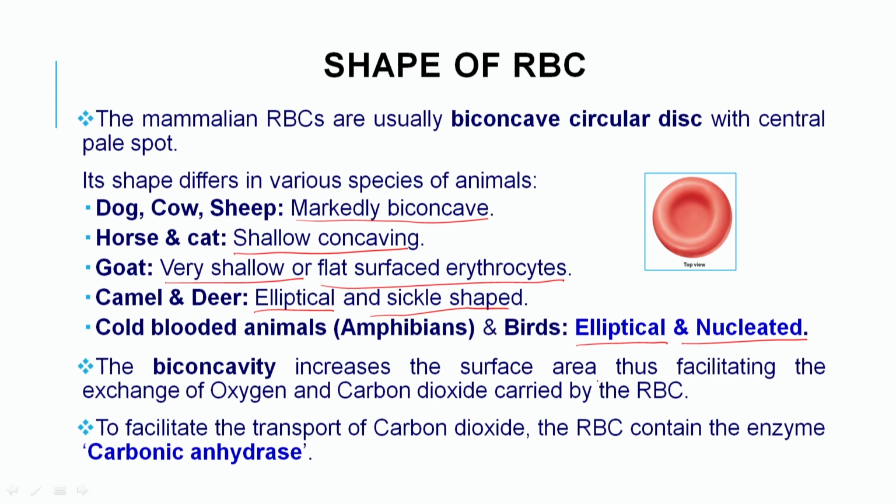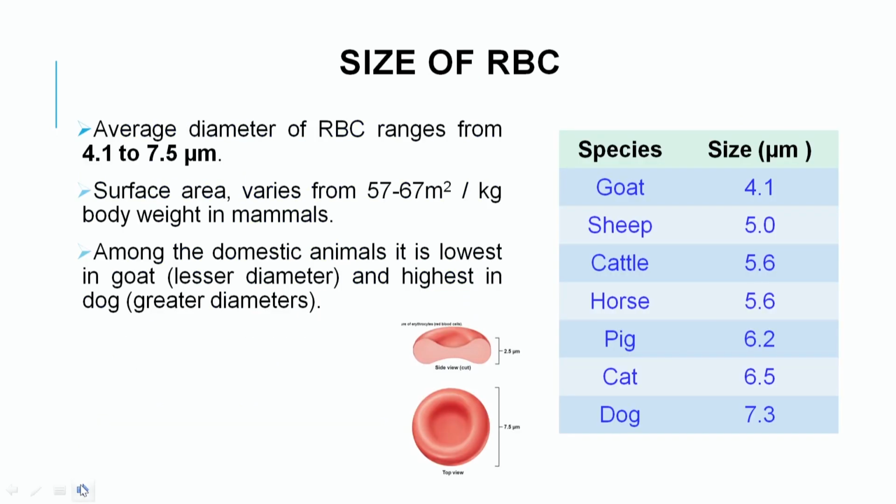Biconcavity increases the surface area, thus facilitating the exchange of the oxygen and carbon dioxide carried by the RBC. To facilitate the transport of carbon dioxide, the RBC contains an enzyme called carbonic anhydrase, which helps in the transport of carbon dioxide and oxygen.